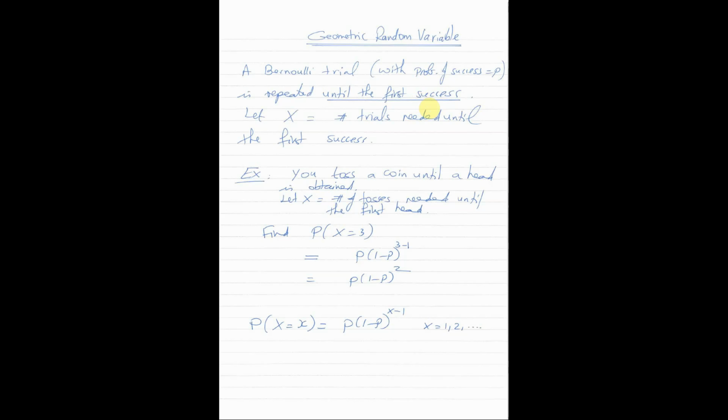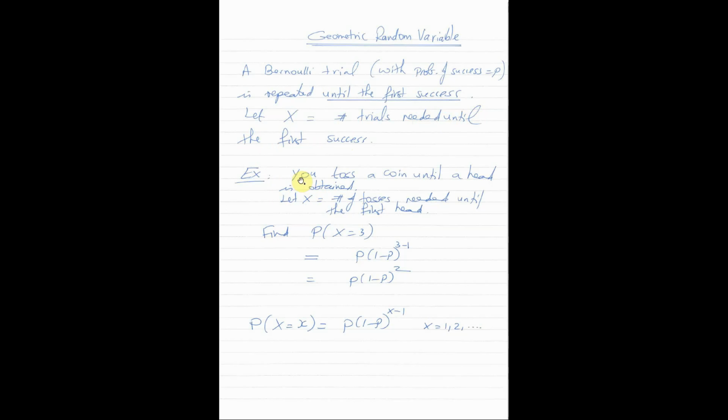That's the obvious difference between geometric and binomial. In binomial, we have a number of times that we repeat and we observe the number of successes. But in geometric, we keep repeating. We don't know how many times we repeat. We keep repeating until the first success, and then our variable x denotes the number of trials needed until that first success.